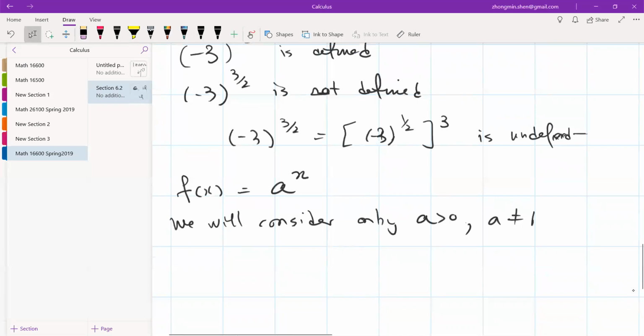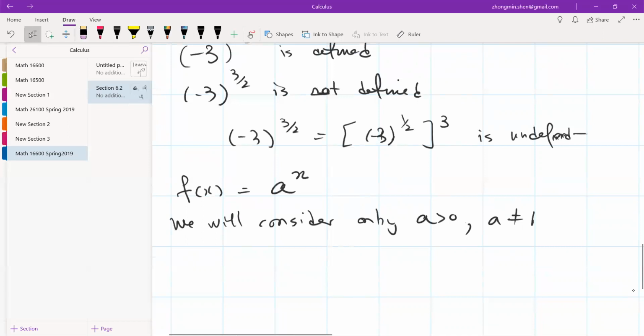And then you will ask, well, x is an arbitrary number, but so far I only gave you the definition of a to the x for rational numbers, right?